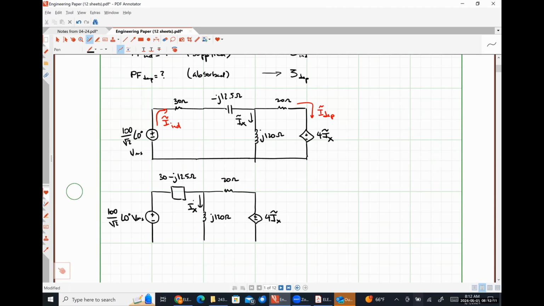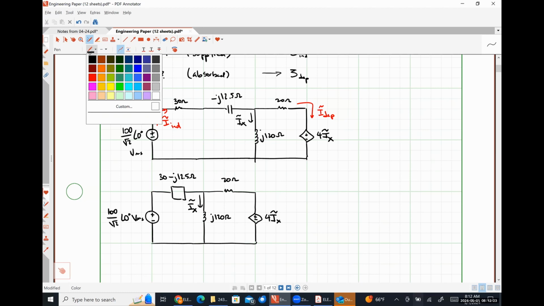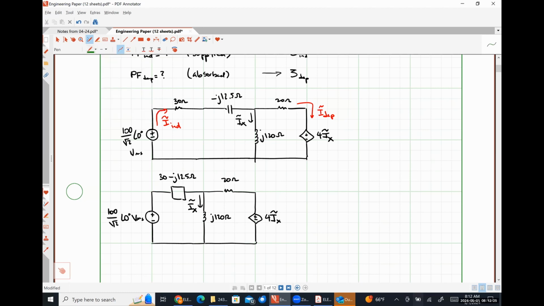Here is Ix. Like so. Okay. So what I'm going to do is I'm just arbitrarily here choosing this bottommost node to be my reference. And I am going to solve for this nodal voltage Vx.